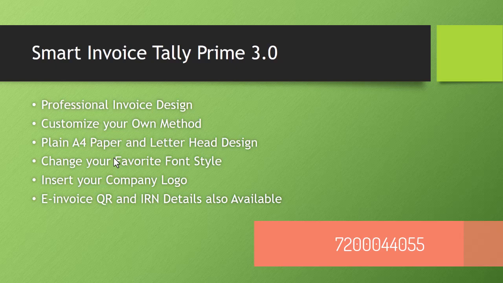So that's why we designed a smart invoice add-on. If you insert it in Tally, you will get a professional look for your invoice. Professional look means the company name is bold, the party name is bold, and a good font is used. You can also decide which font you want, add your logo, and insert the e-invoice QR code and IRN generated details.